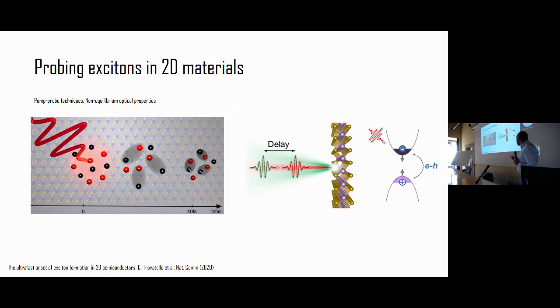So, and what about the pump and probe? Once you have done your calculation of the excitonic properties at the ground state, you have 2 main paths: you study them with photoluminescence or absorption, that are time-independent spectroscopy, or you go to time-dependent spectroscopies.